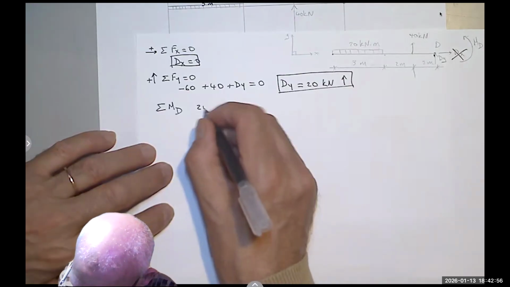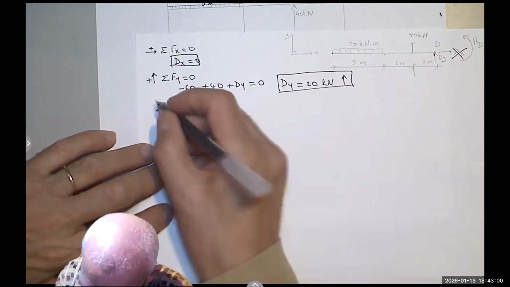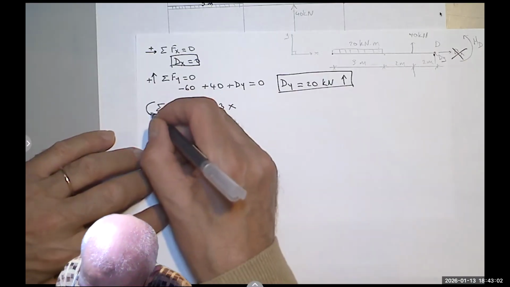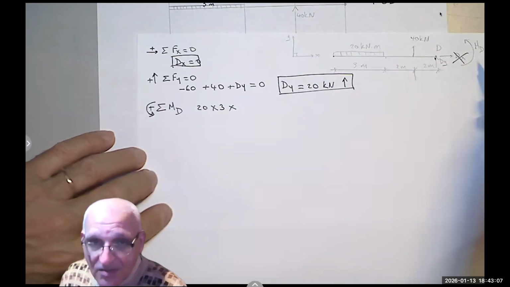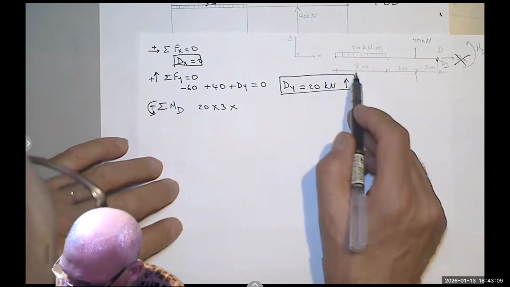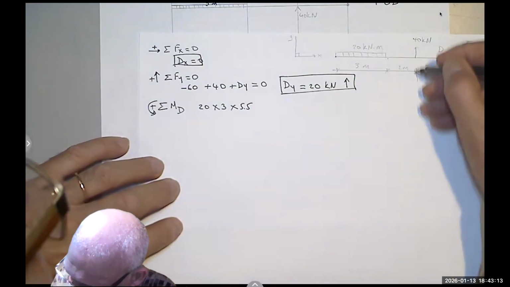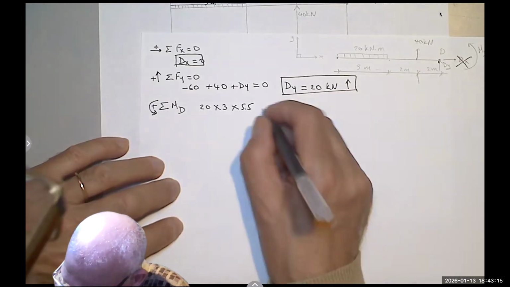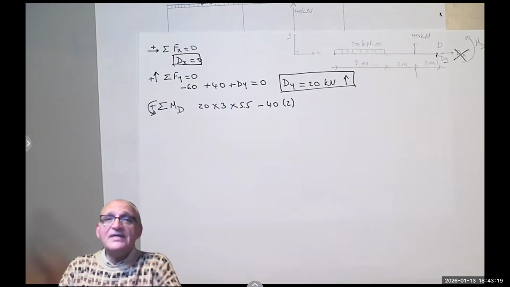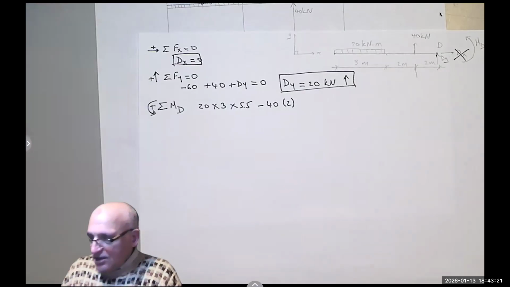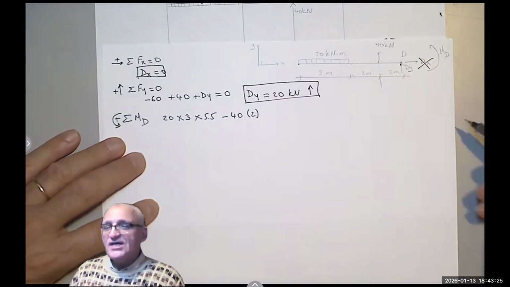So 20 times 3 times, and again, counterclockwise is positive. And this is rotating counterclockwise, so it's a positive moment. 20 times 3 times 5.5. But then I have the 40 kilonewton going clockwise, so it's minus 40 times 2. Remember, many students still commit this error and say, oh, 40 times 2 is positive because the 40 is pointing up.